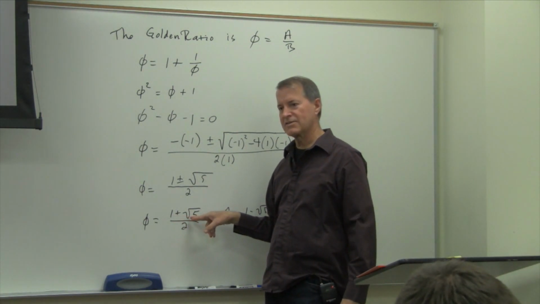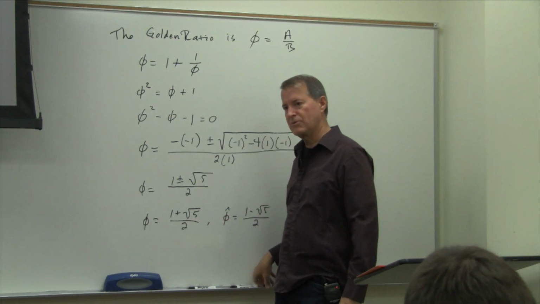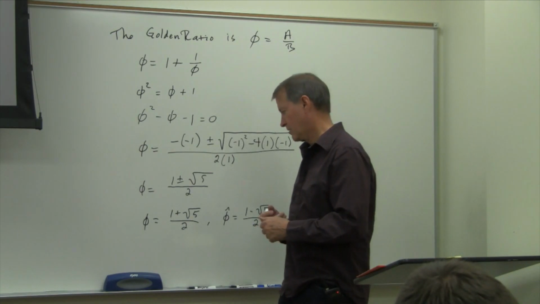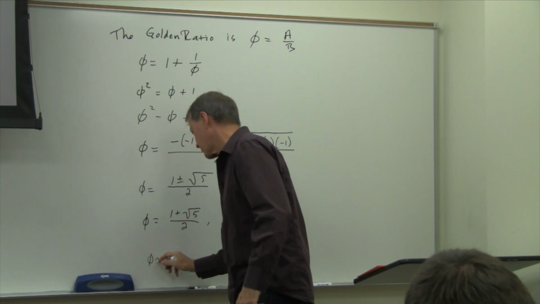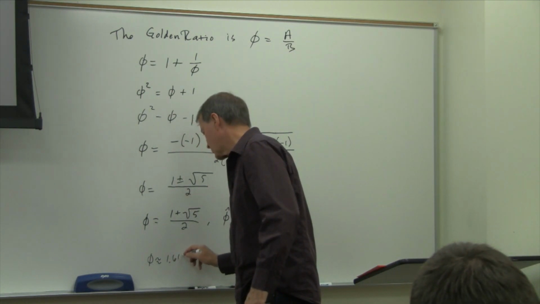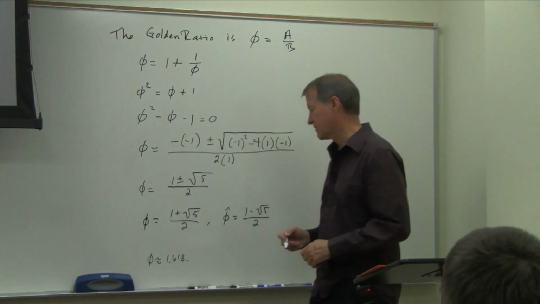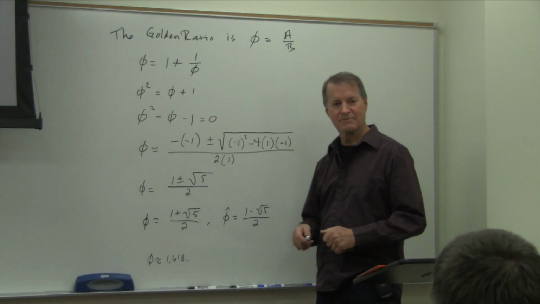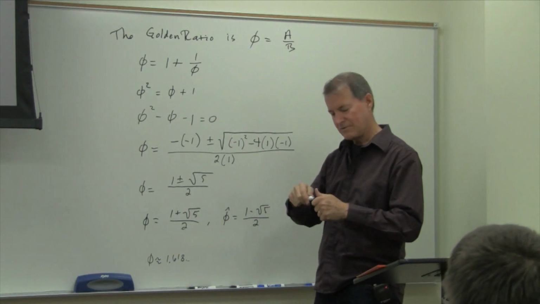Okay, so 1 plus that is 3.23, and divide that by 2. So phi is approximately equal to 1.618, and it goes on forever. So there's your ratio, the pleasing ratio, about 1 to 1.6.